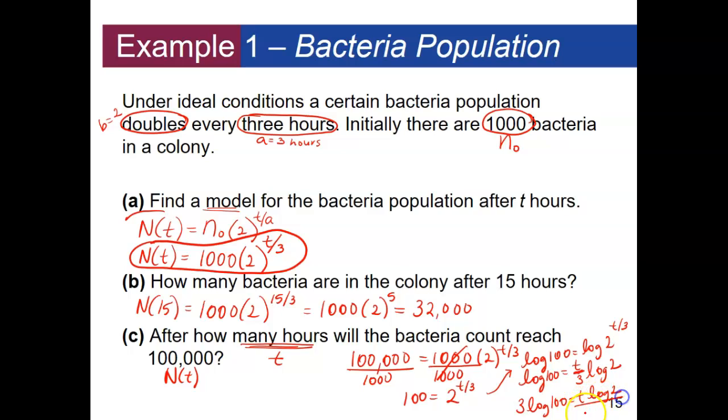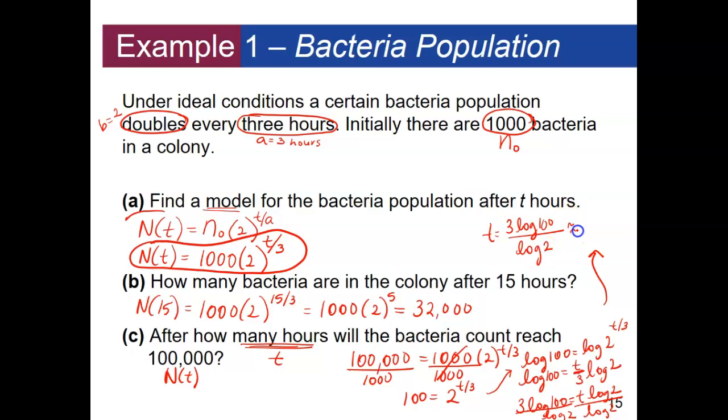And then the last thing I'm going to do is divide by the log of 2. So I'm going to come back up here, and I'm going to have T equals 3 log of 100 divided by the log of 2.